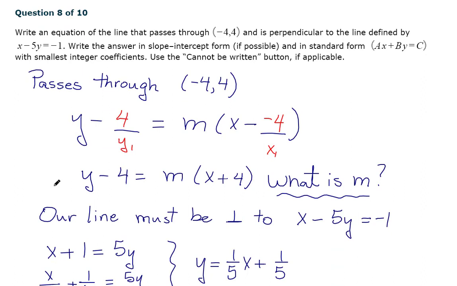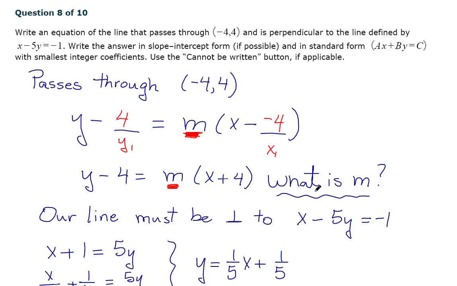Question 8. I want to find an equation of a line that'll go through this point. Okay, let's just stop there. I gotta have a line that passes through this point. So I can use point slope to go ahead and fill in my y and my x. All right, I don't know m yet. We haven't read that far in the problem. So I'm just going to leave it there.